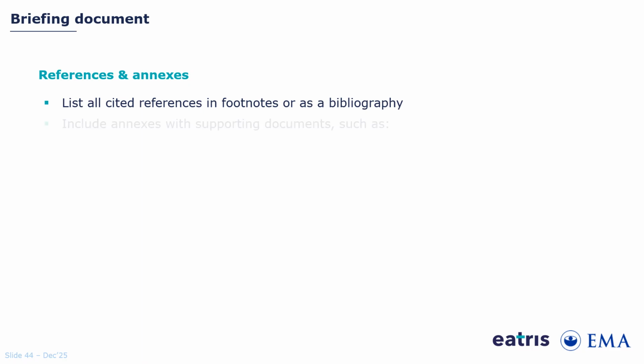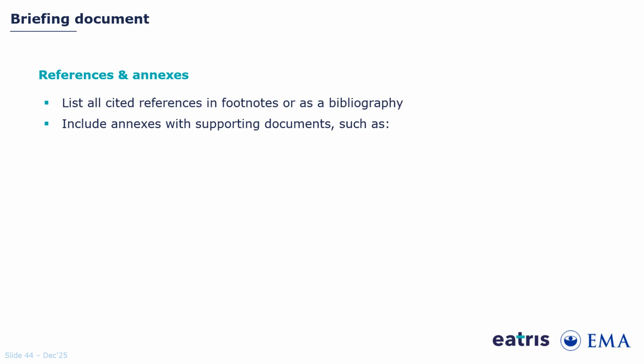In this final section of your briefing document, ensure that all cited references are clearly listed, either as footnotes throughout the document or compiled in a dedicated bibliography. You should also include annexes with key supporting materials that complement and substantiate the scientific and regulatory positions presented.